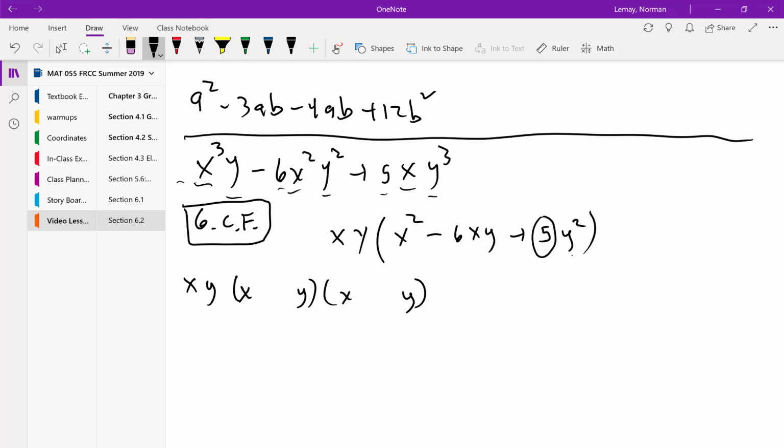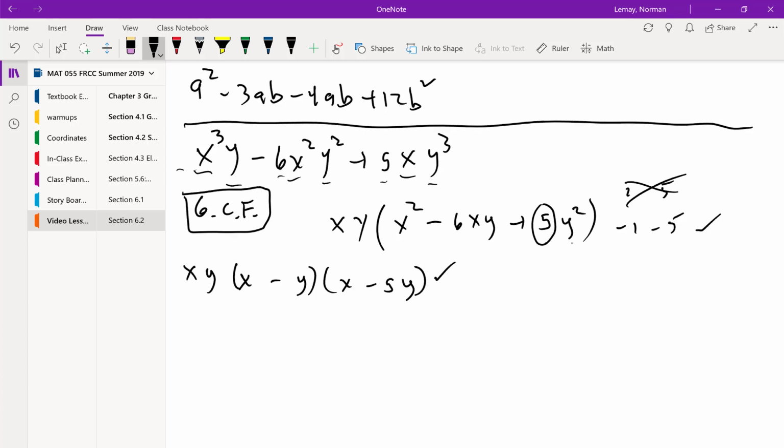And now I'm going to ask, what are the factors of 5 that add up to -6? Well, the only factors of 5 are 1 and 5 and -1, -5. And notice that this one doesn't work because it adds to 6, and this one does work. So I'm just going to go minus, I don't have to worry about putting the 1 here, and -5. So here we get a product of 3 terms.